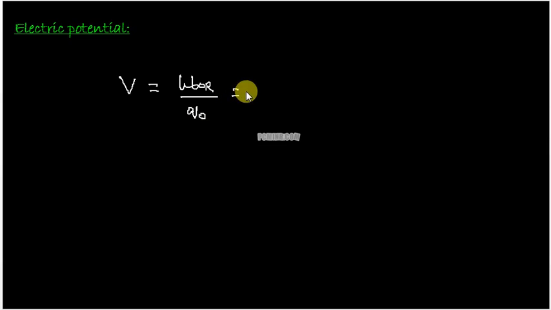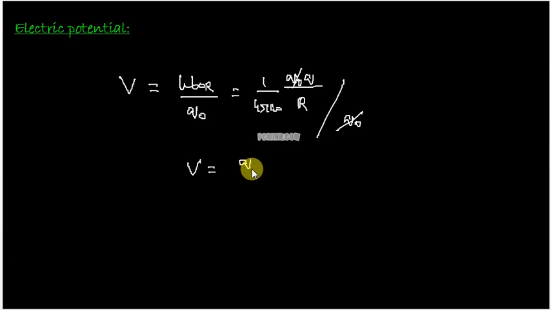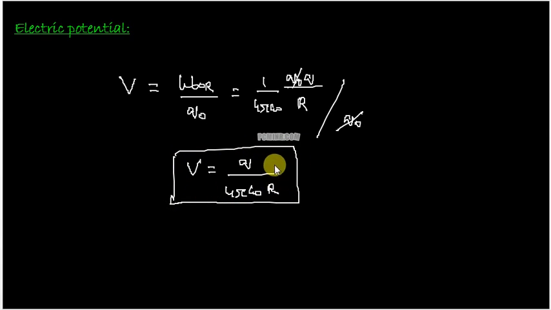As I had just evaluated, W was 1 upon 4 pi epsilon naught Q naught Q upon R, and this whole thing divided by Q naught, work done per charge. So Q naught gets cancelled, and V is equal to Q upon 4 pi epsilon naught R. This is the electrostatic potential at a point due to a source charge Q.